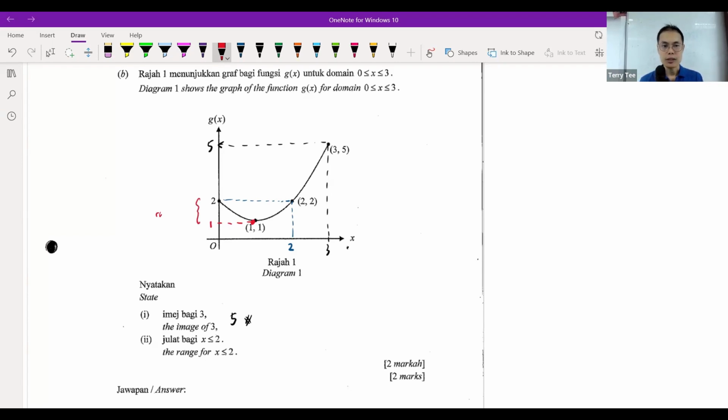So your range in this case is between 1 and 2. So to write your answer, we write g(x). You can write y, you can write g(x), doesn't matter. You can write g(x) between 1 and 2, or you can write your y value between 1 and 2. But since here they put this as g(x), I suggest it's better to write g(x). That's g(x) between 1 and 2.